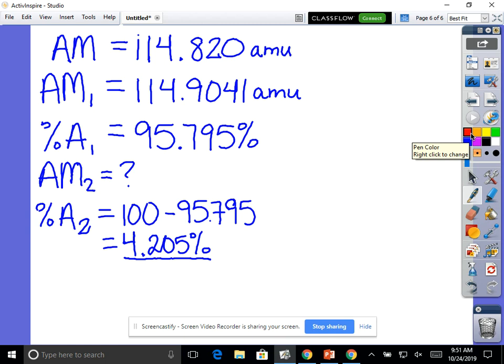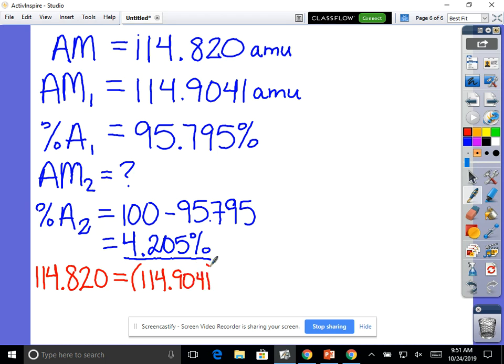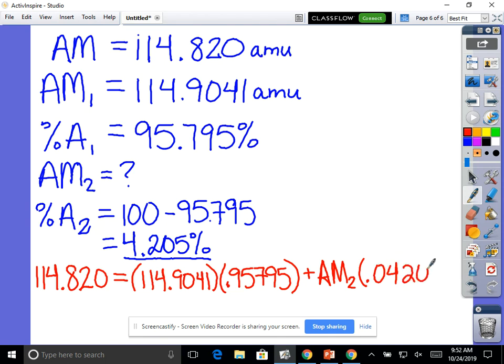If I have the atomic mass, 114.820, it equals the atomic mass of one isotope, 114.9041, times its percent abundance as a decimal, 0.95795, plus the atomic mass of the other one, that's what I'm looking for, times its percent abundance as a decimal, 0.04205.